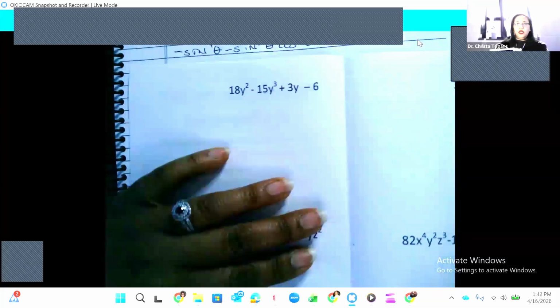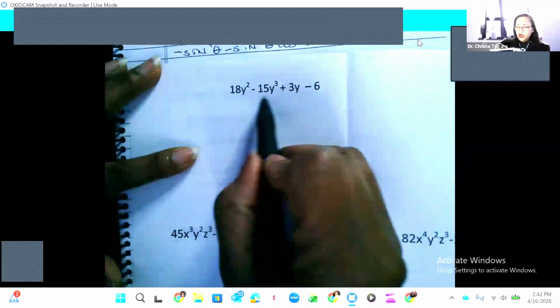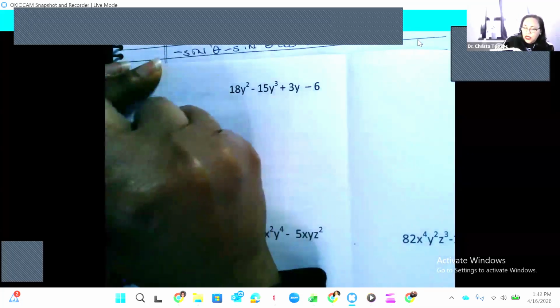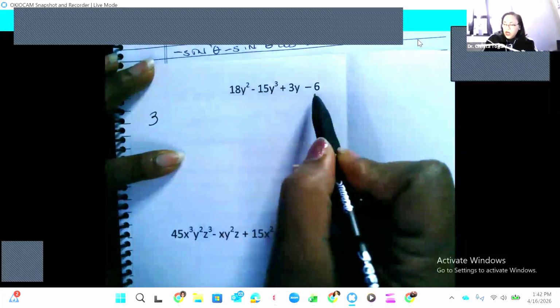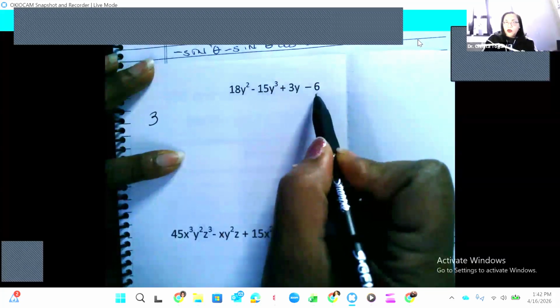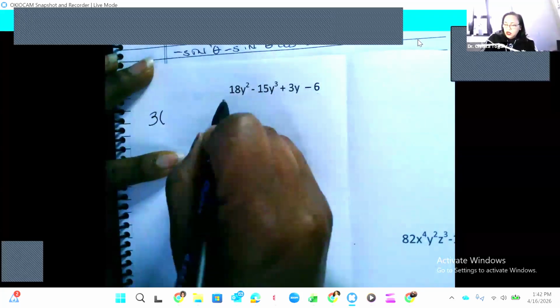So in this first one, I see right away that every single term has a 3 in common. So I'm going to write the 3 out here. Okay. And then I don't have any y's with the 6. So there's nothing more that I can do in this one except divide out the 3. So 18 divided by 3 is 6.